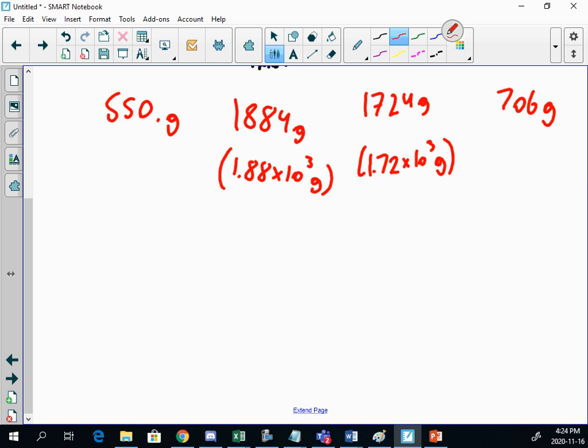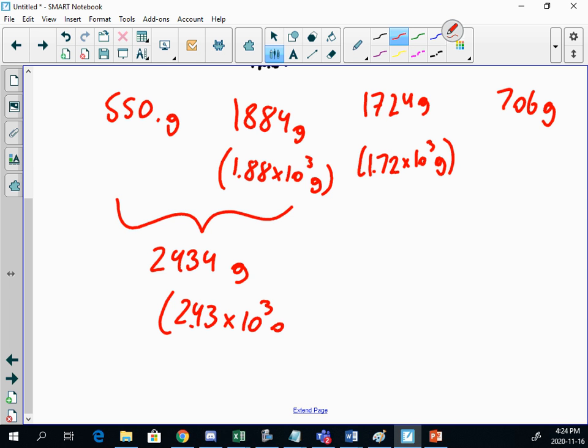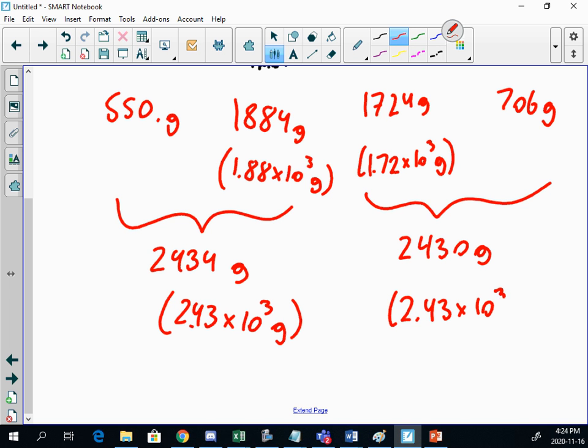Don't fret that. What matters is that your total mass on this side, which for me worked out to be 2,434 grams, or 2.43 times 10 to the third grams, should be pretty darn close to equal to your total on this side, which for me worked out to 2,430 grams, but in scientific notation, that's also 2.43 times 10 to the third grams.